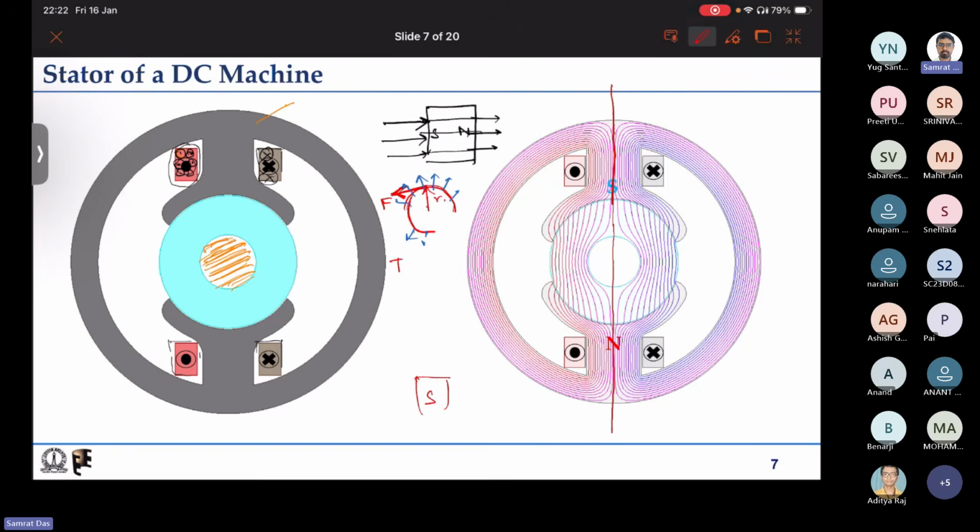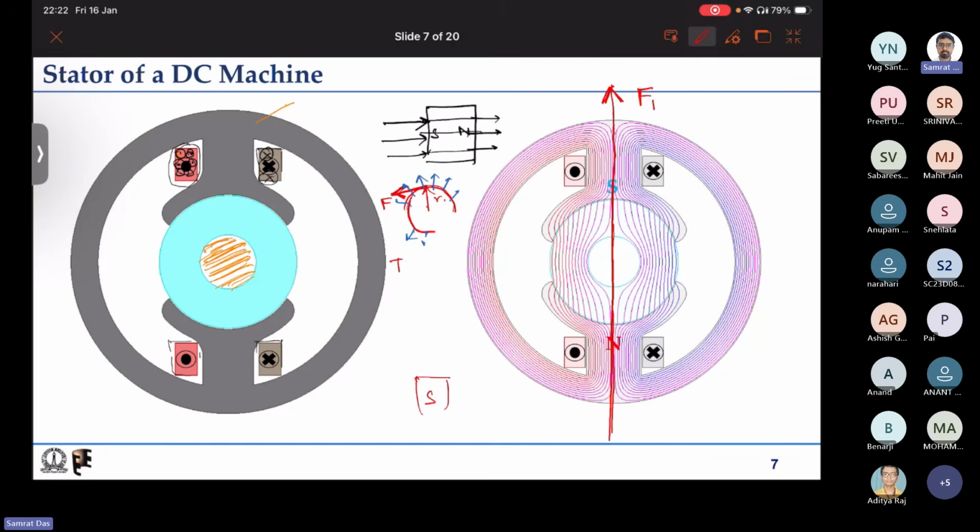Half the flux lines are on one side and the other half on the other side, and none of the flux lines are actually crossing this imaginary line. So this is the axis of the magnetic field. This is F1.